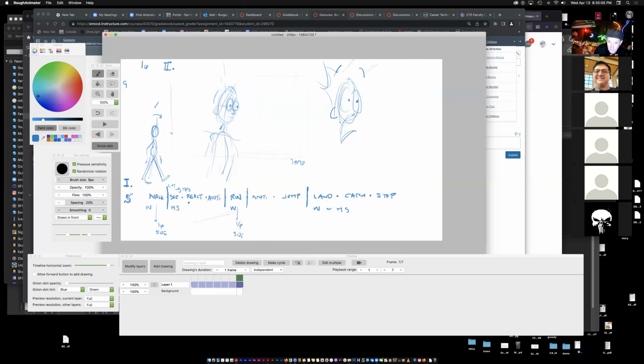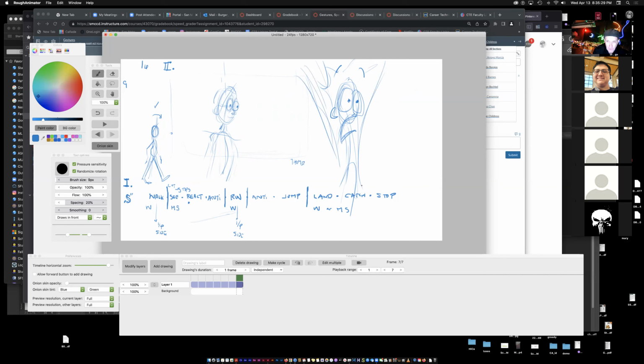You can have fun with this pose. It's like, oh my God, what did you just see? All right, so that's this reaction here.